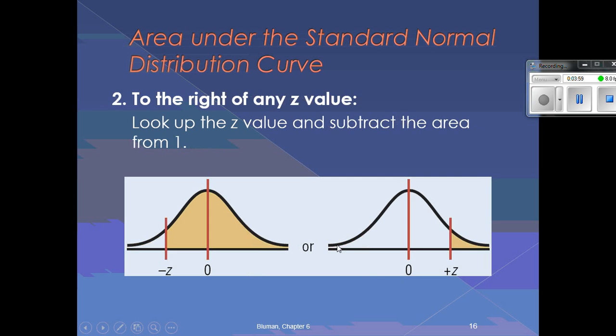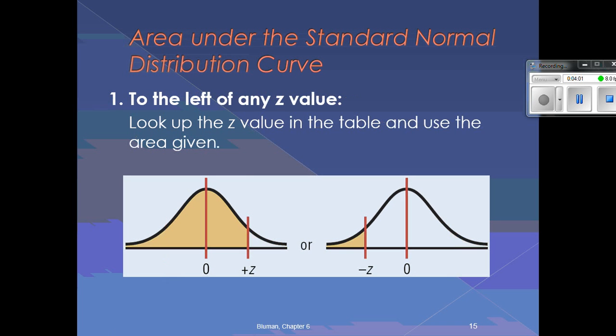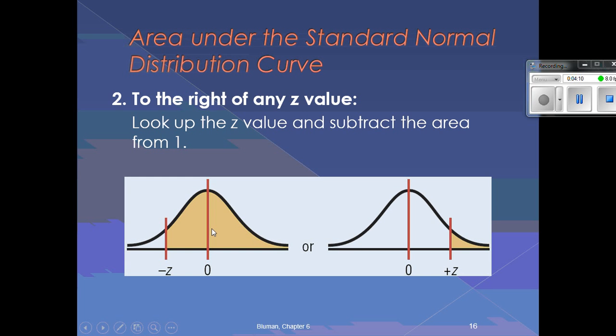Okay? So that's really easy. If you're looking for less than a z-score, the number you get in the back of the book, that's your answer. That's an easy one. If you're looking for the value above, so I said what percentage of people grab the ruler higher than 8, we would turn that 8 into a z-score.